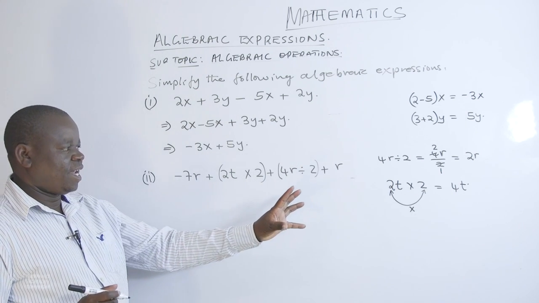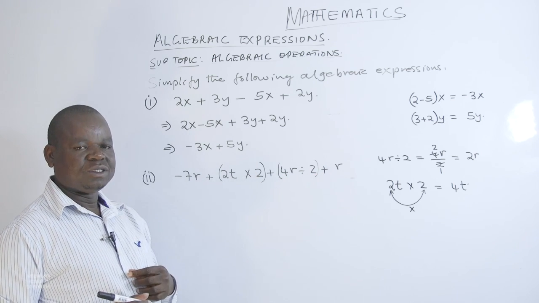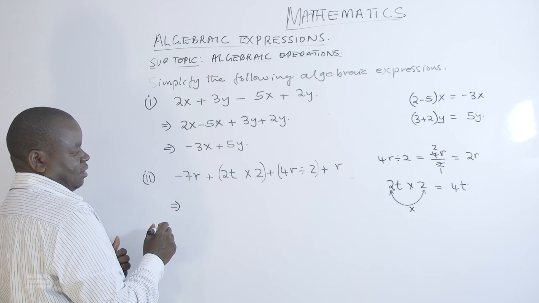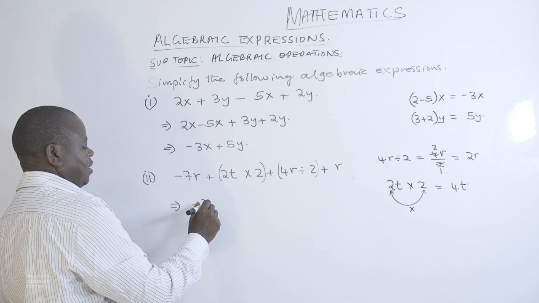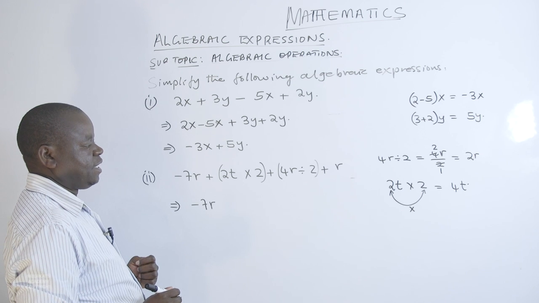So we can now see that we have simplified this and we have simplified that. So we can therefore write this one as minus 7r. And remember, we must collect the like terms.